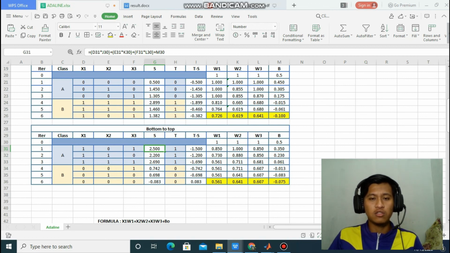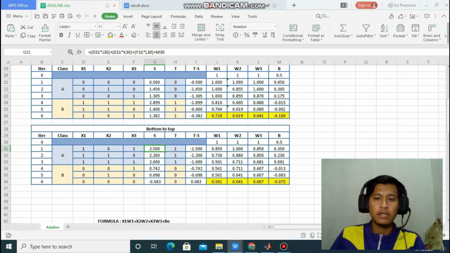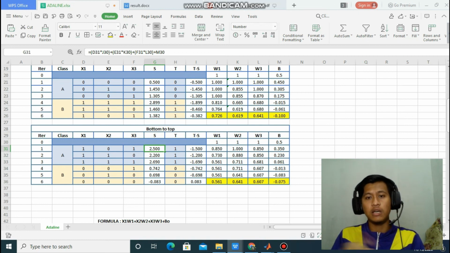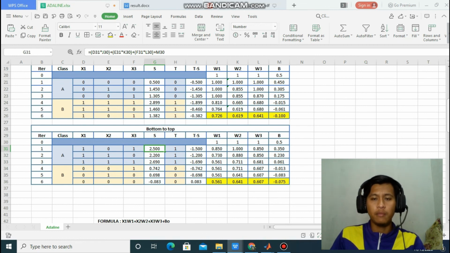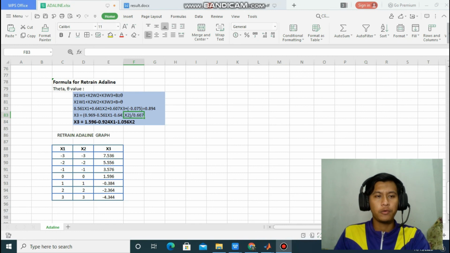For w2 we use x2, and for w3 we use x3. For the bias, the formula is bias new equals bias old plus n times theta minus sum.